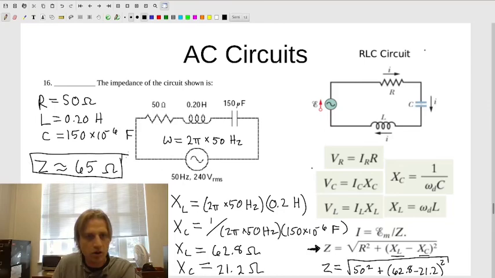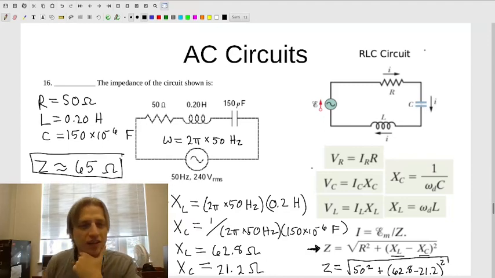Okay, and we need to make sure we're distinguishing how this is different from resistance. This is different from resistance in that you can't use it in P equals V squared over R. You can't use it in an expression to find out how much power is being used by this circuit.